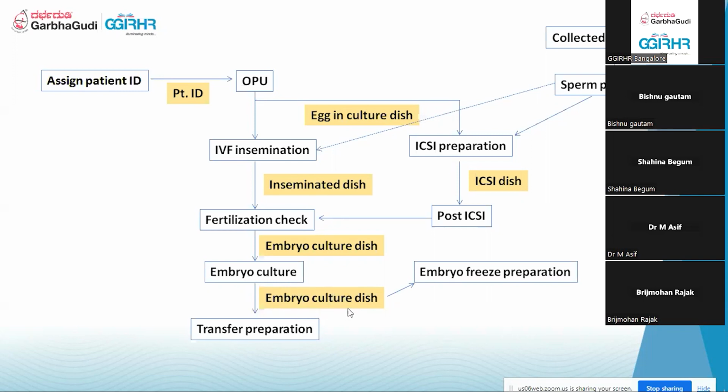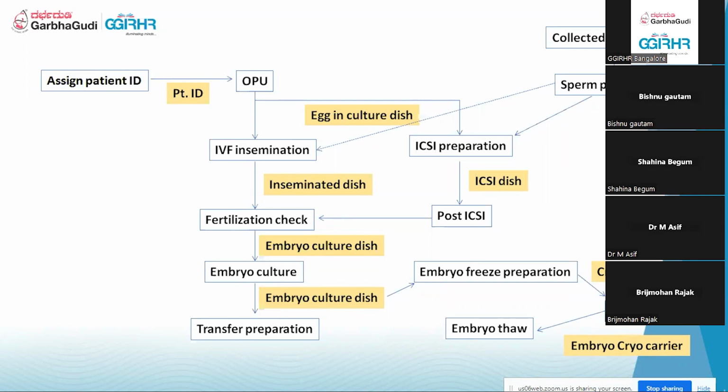From this dish we have to freeze the embryos. What about the cryo device where we keep the embryo for freezing? It is also coded with the RI witnessing system. Usually we transfer the embryos from the culture to the embryo freezing media, that is the cryo dish. Once we put the embryos into that, that also can be recognized by the RI witnessing system.